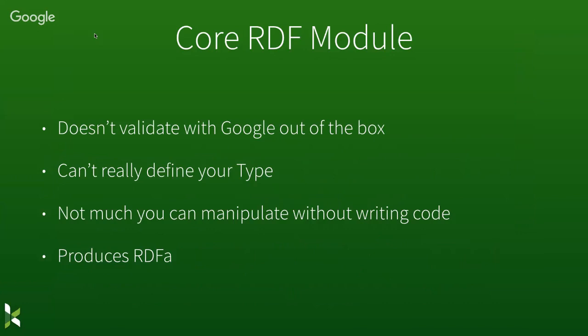It's great for articles. It's certainly something you can extend, but there's not much you can actually manipulate without getting involved. That may or may not be a deal breaker for you. And it's great. It produces RDFa, so it gives you that kind of inline context out of the gate, which is fantastic.